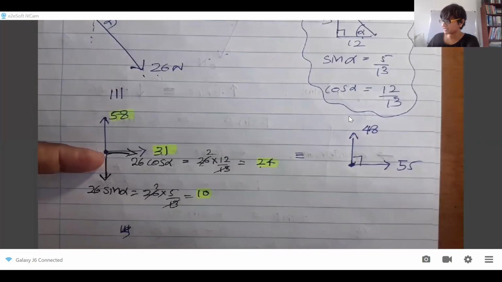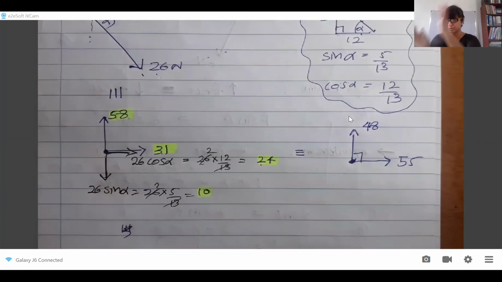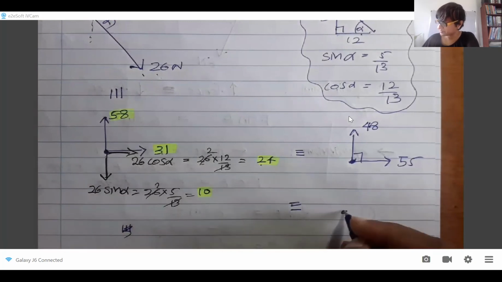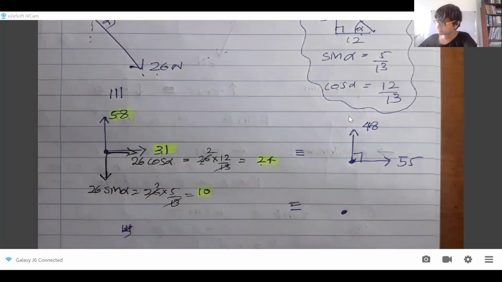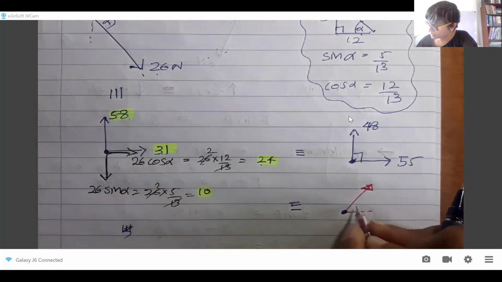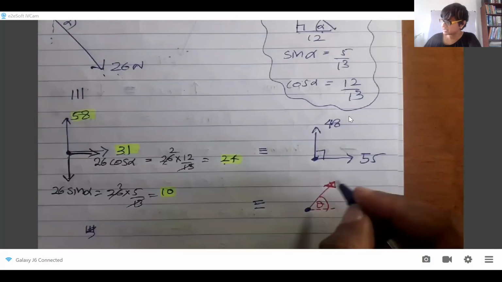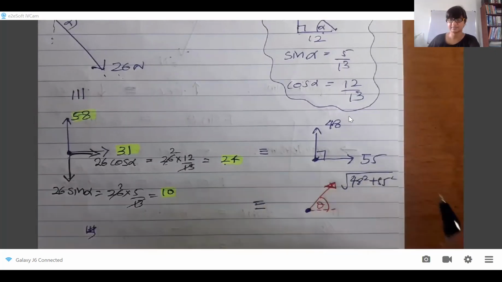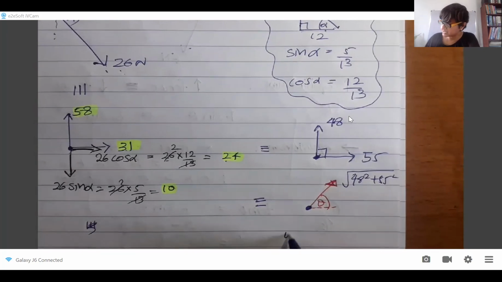They are right angles, so all these got simplified to two forces. Now I can use Pythagoras theorem. My single force goes in between, and my angle could be like that. This is the square root of 48 squared plus 55 squared, and theta is tan inverse of the vertical force 48 divided by the horizontal force 55, y over x.